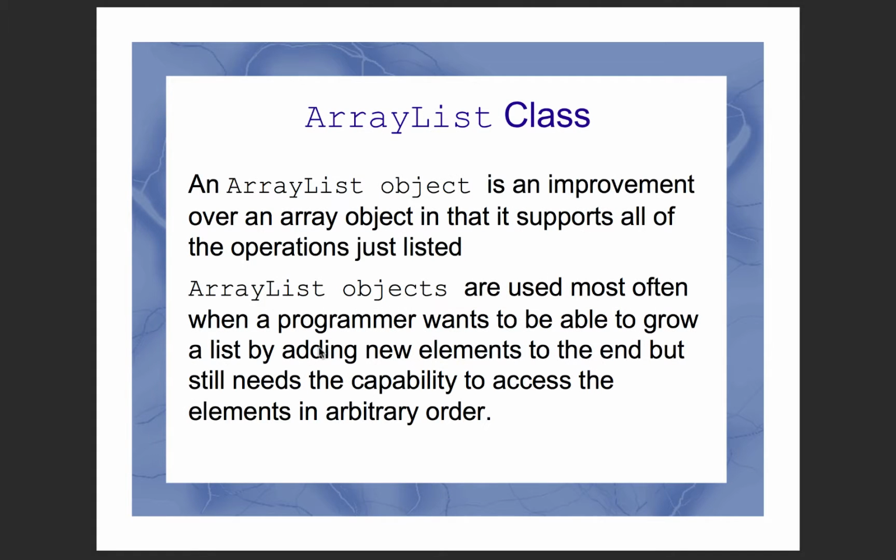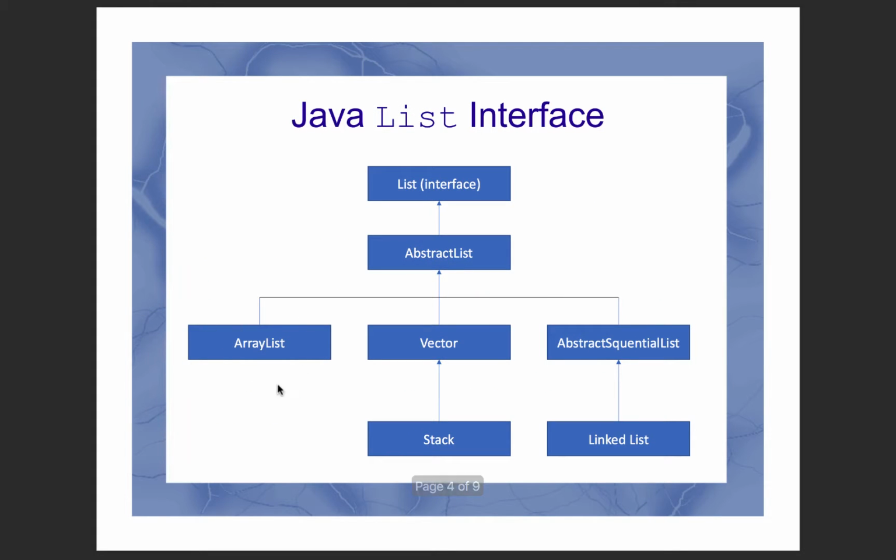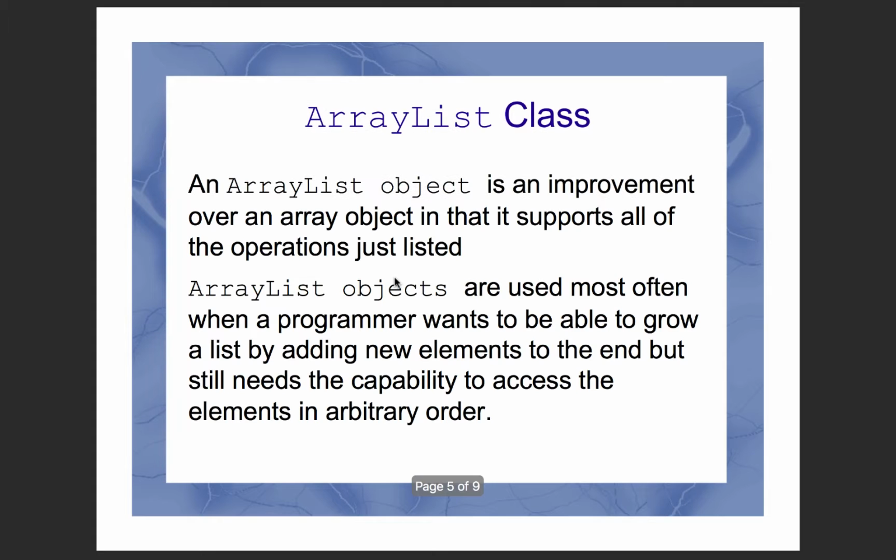So ArrayList is a class. We have seen this. ArrayList is a class under the list interface. So an ArrayList object is an improvement over an array object in that it supports all the operations just listed. The array object that we have seen has some limitations. So ArrayList probably has some improved solutions, so it can eliminate some limitations that we have seen in the array.